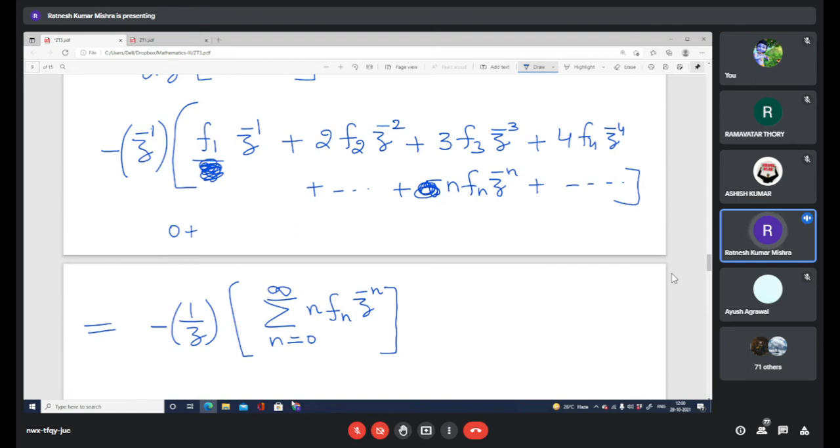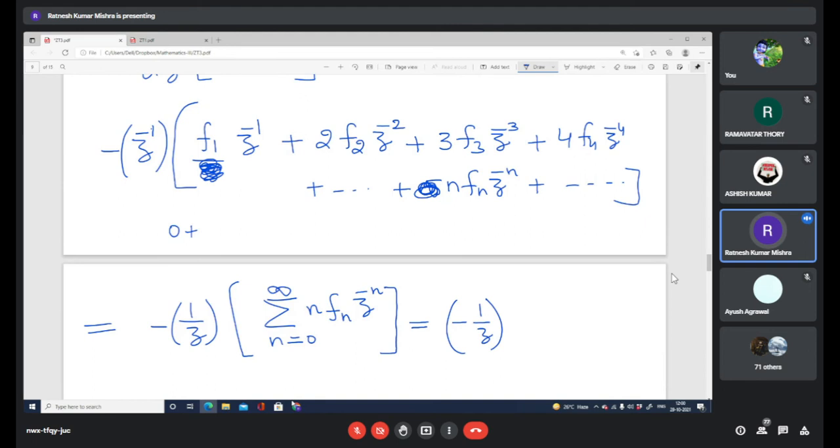So you know that the Z transform of the sequence fn is denoted by F(z). When you compare to that definition, now we write minus 1 upon z. This is the correct notation.